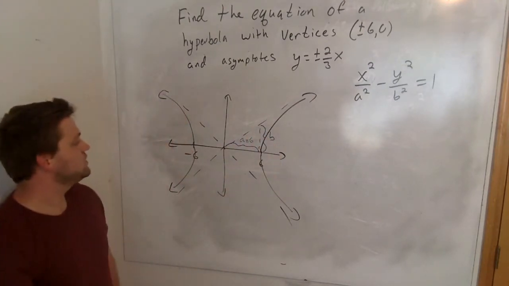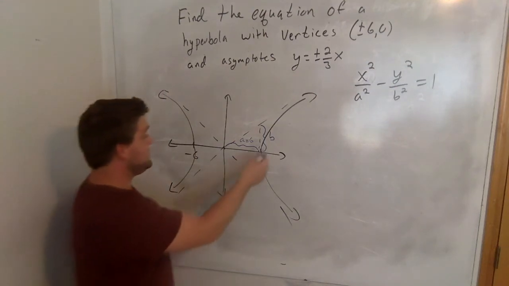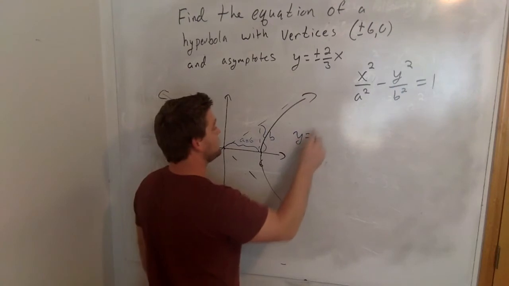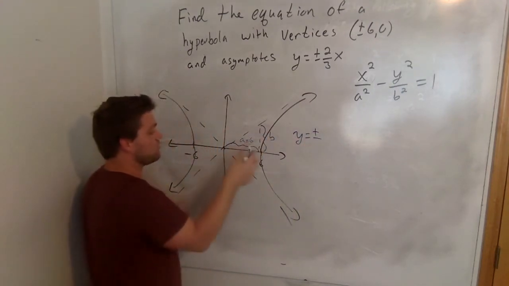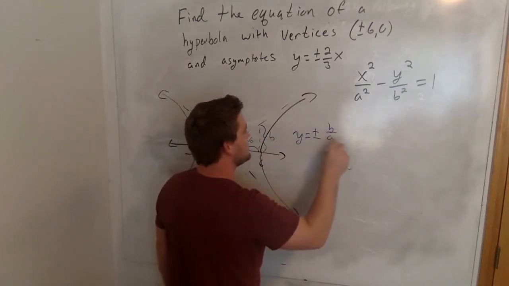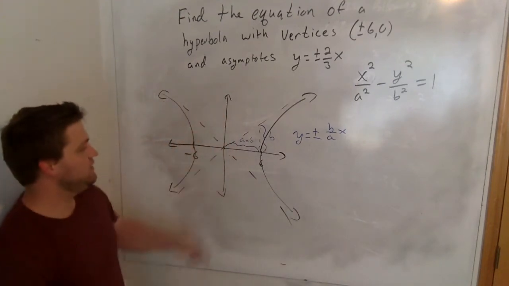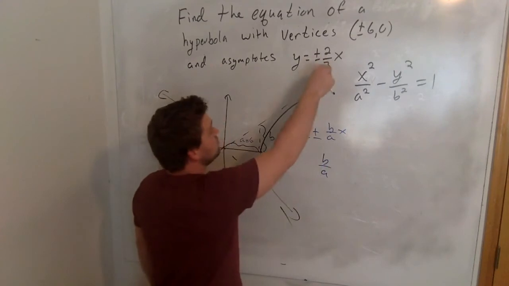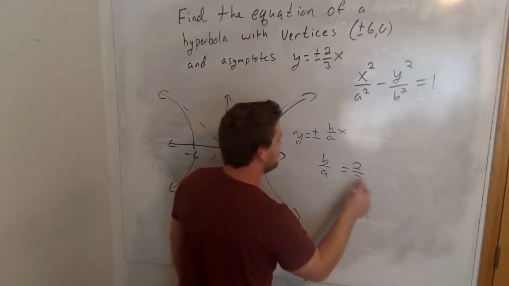And this distance right here will be b. Okay, so the asymptotes for this hyperbola will be y is equal to plus or minus, well, rise over run, b over a, x. In this case, we have that b over a should be equal to 2/3.